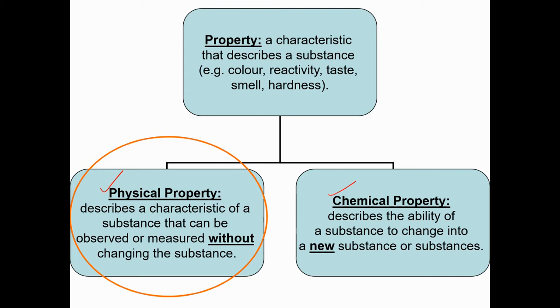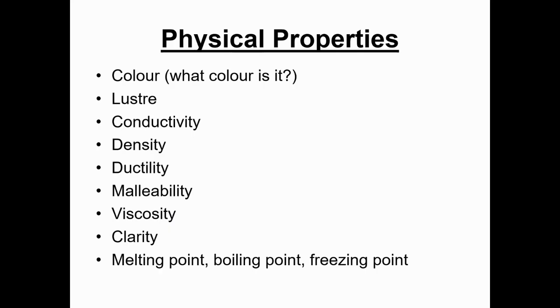For me to figure out that the metal was reactive with acid, I had to throw the metal in the acid, and then there was a reaction. Now my metal was transformed or turned into some new substance. So describing something with chemical properties requires you to change that substance to figure out what that chemical property was. So let's start with physical properties, some examples.